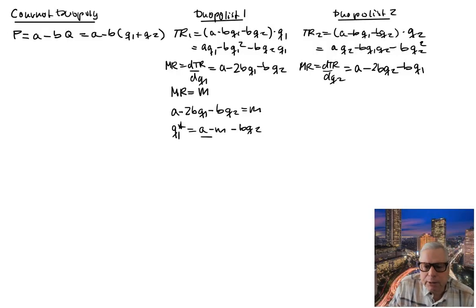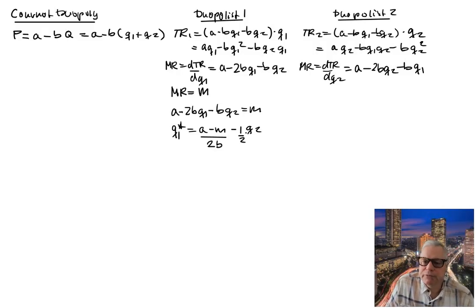Then I get A minus M over 2B. And I also divide BQ2 over 2B, so the B cancels out, and I get minus 1/2 times Q2. That is what we call the response function for duopolist 1.